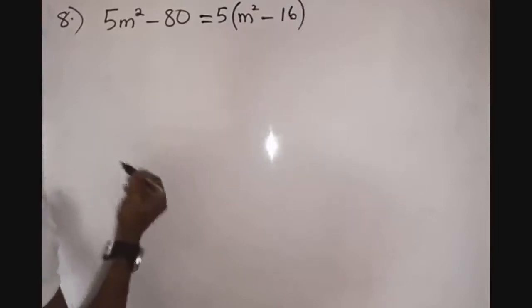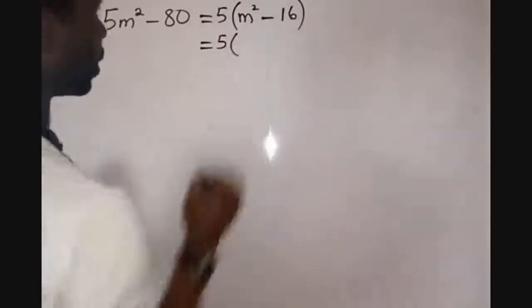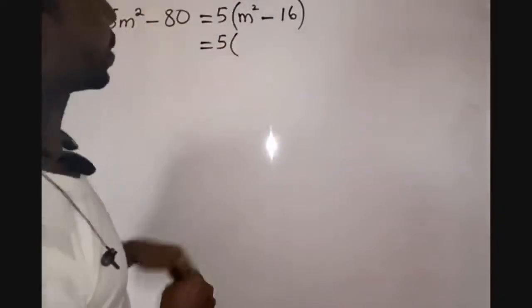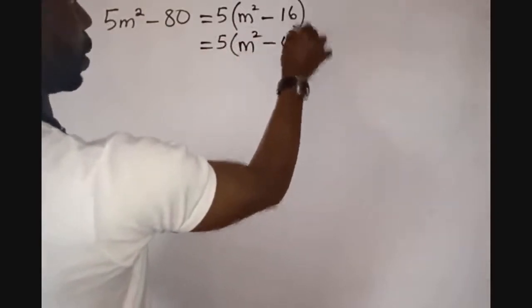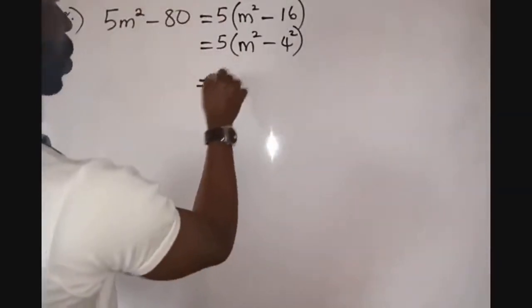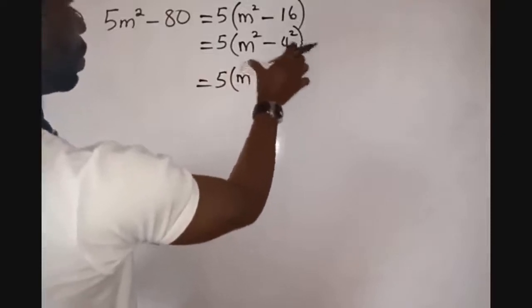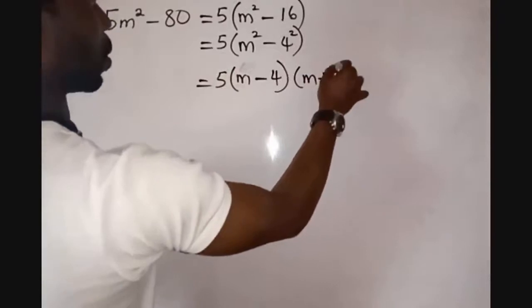16. Wow. So if you look at what you have up here right now in the bracket, you see this is squared. There's something you can square to get 16. And that is 4. So I'm going to have 4 squared. So introduce the same principle, difference of 2 squares. So you have m squared, you have m minus 4 and m plus 4.